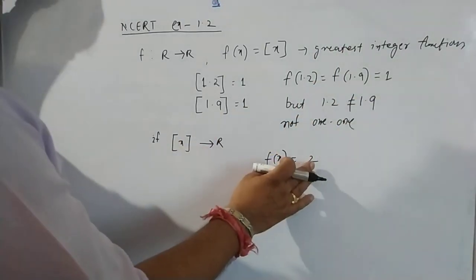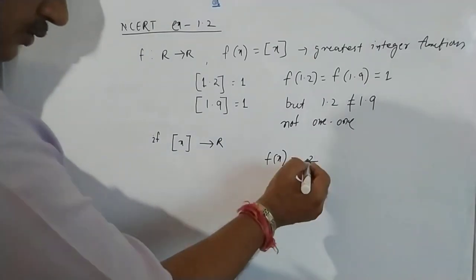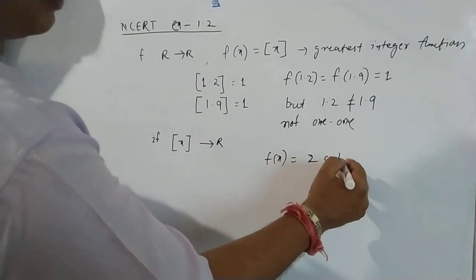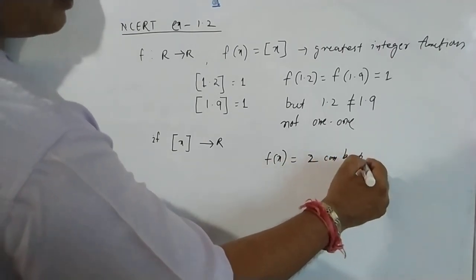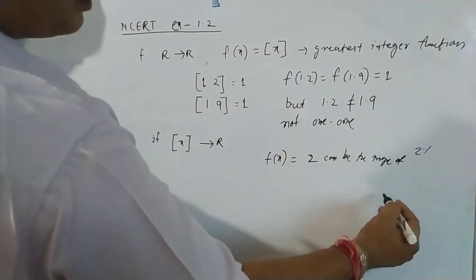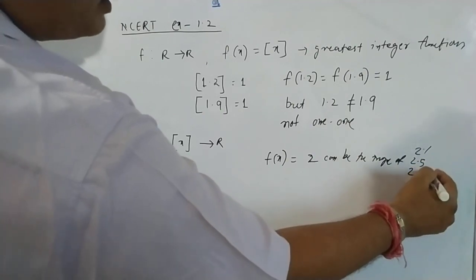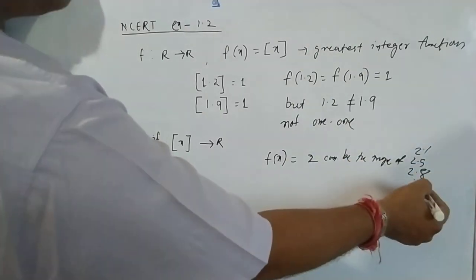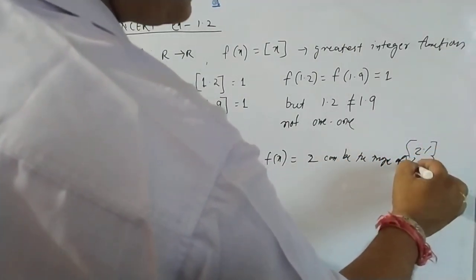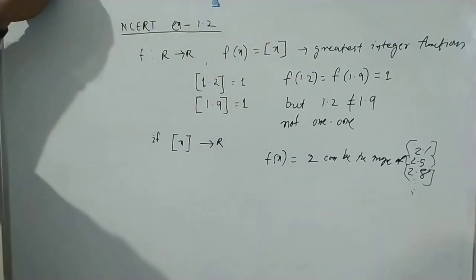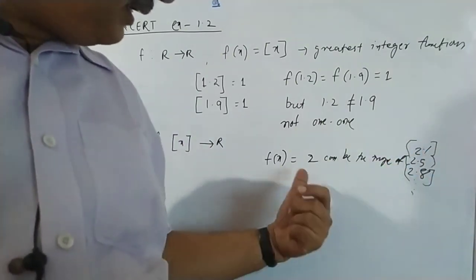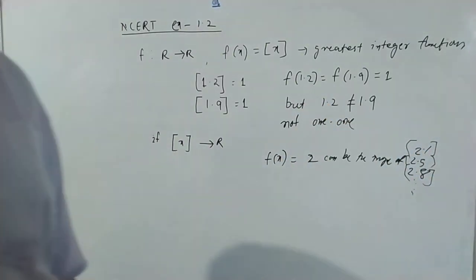Let us check whether it is surjective or not. 2 can be the image of 2.1, 2.5, 2.7, 2.8, like that. For all these, the greatest integer value is 2. So 2 is the image of these. That means it is many 1, as you have seen.